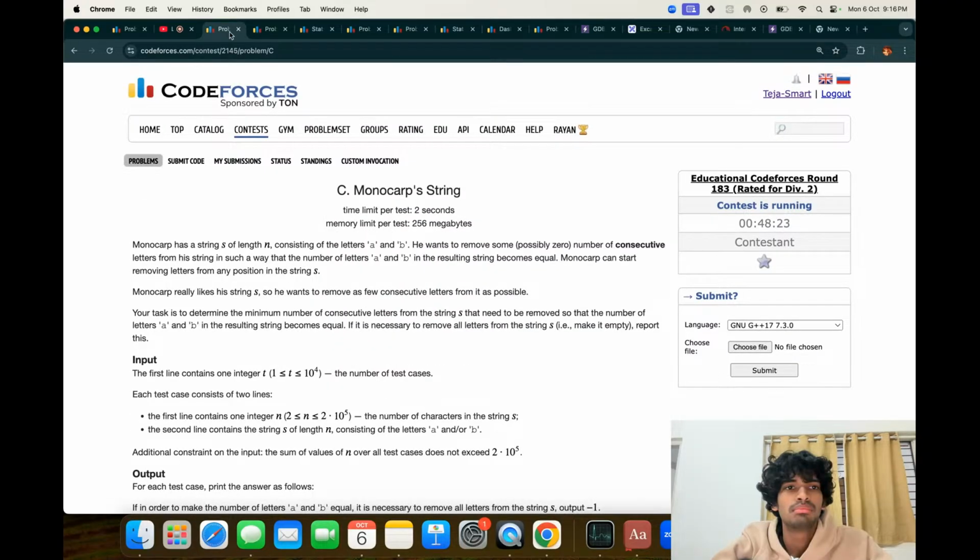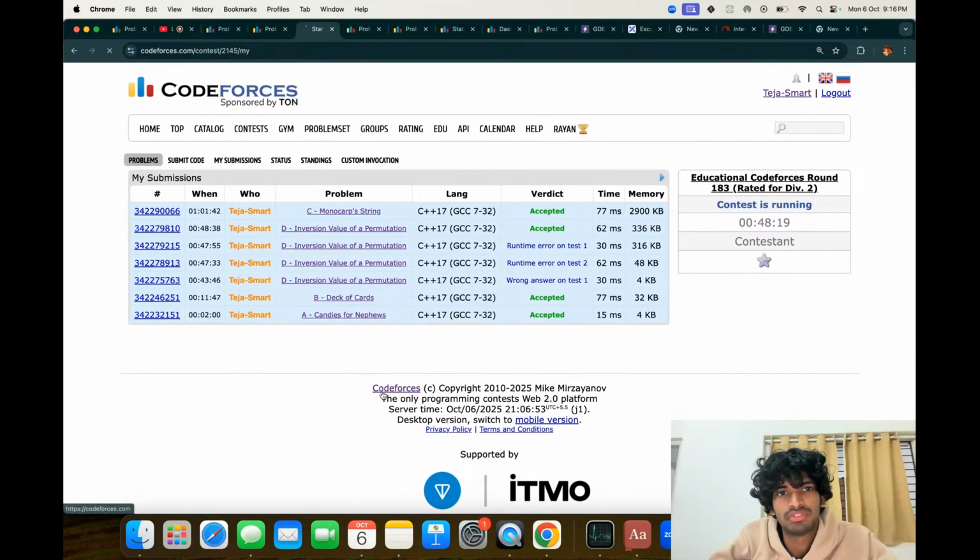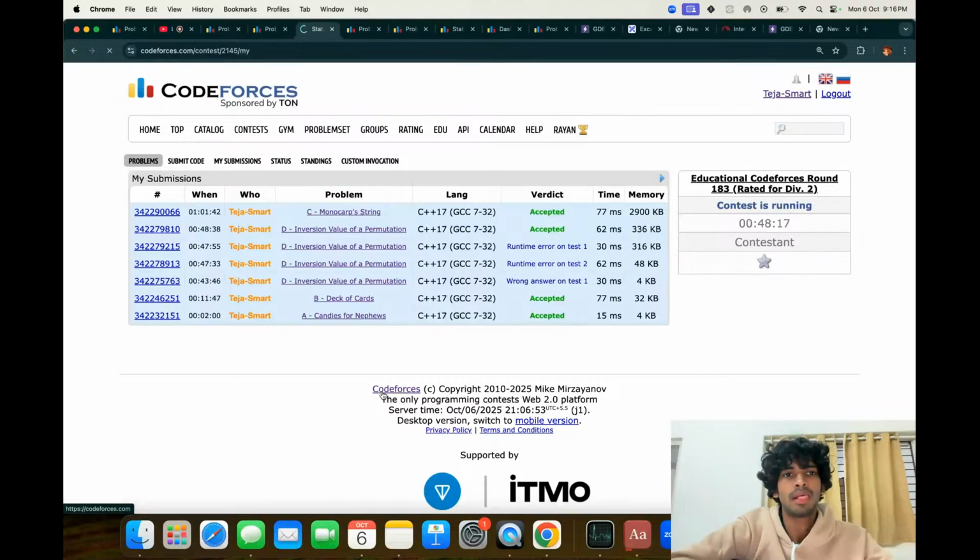Problem is not good. It's just a segment tree to find the first minus 1.